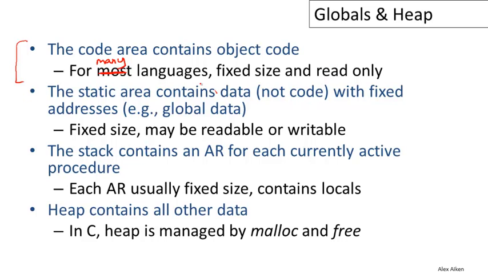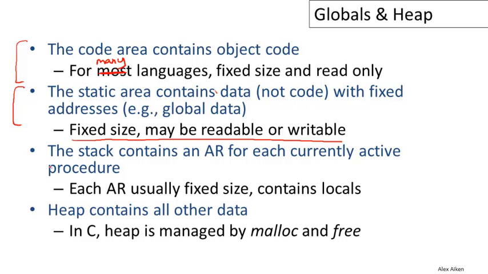I should say that there are many languages also where this is not true, and code can be dynamically created at runtime. The static area would contain data with fixed addresses, and this would be things like global variables. And this is also typically fixed size, but it may be readable and writable as opposed to the code, which you generally don't want to be able to write.